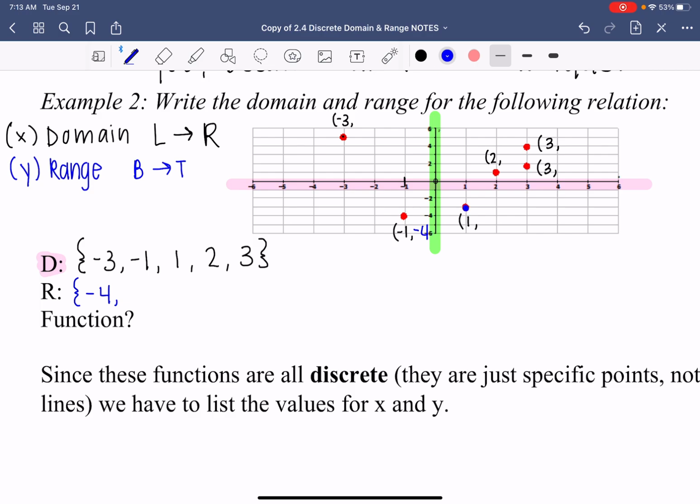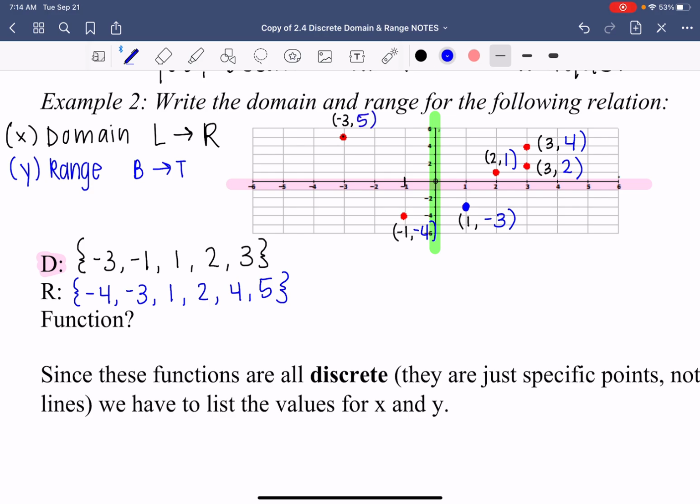Our next one is this point right here, and that's at -3. We go up, up, up, and I don't hit another point until this one right here, and that's at 1. The next one I hit is 2. Then I hit 4. And then my last one I hit is 5.